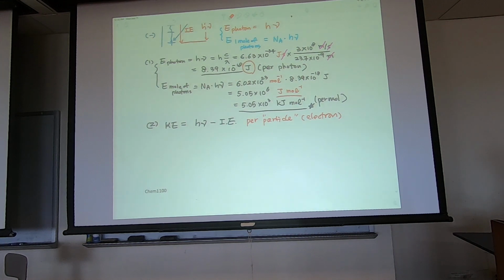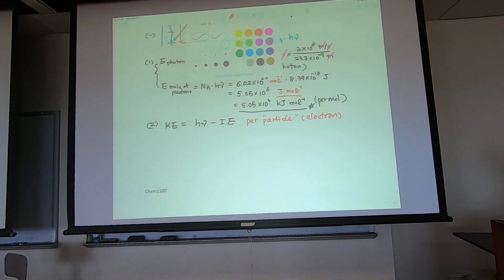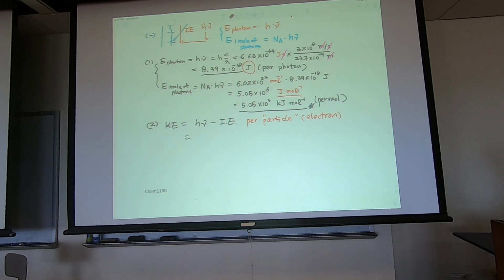And because of that, for this kinetic energy that you are going to write, you have this number up there, which is 8.39 times 10 to the minus 18 joule, right? Minus ionization energy. Ionization energy is 4.496 times 10 to the 3, that's a kilojoule per mole, right? So that's a kilojoule per mole.